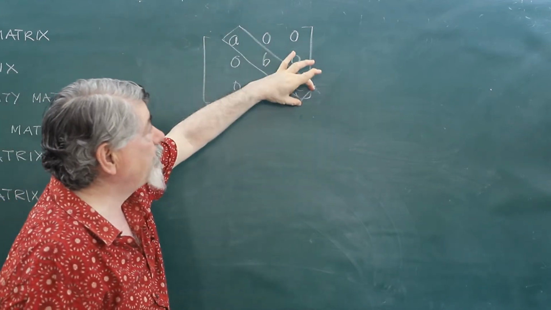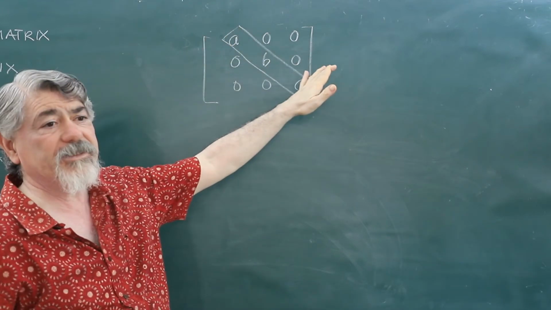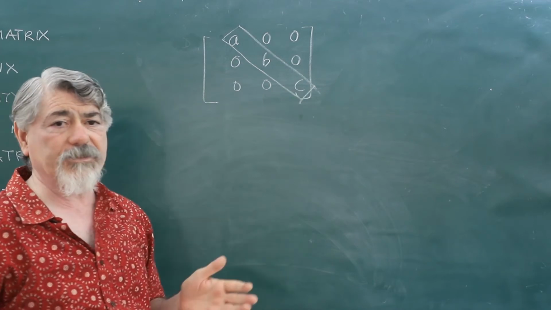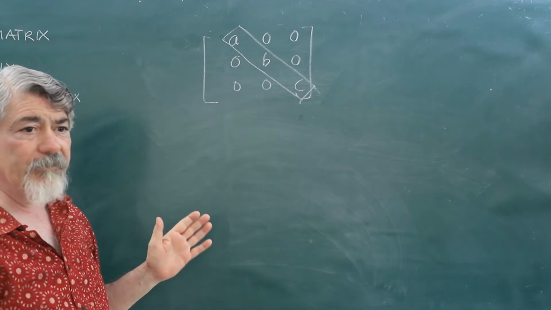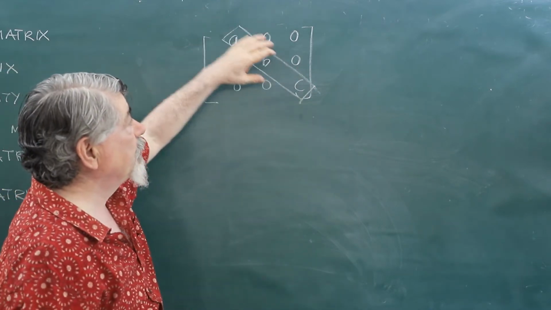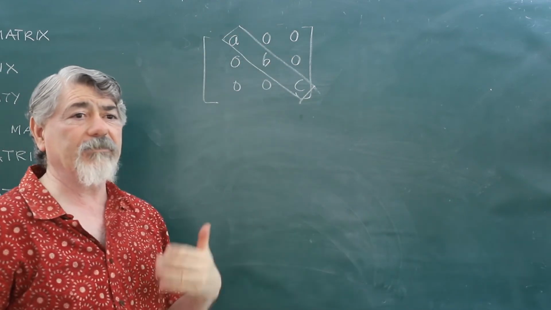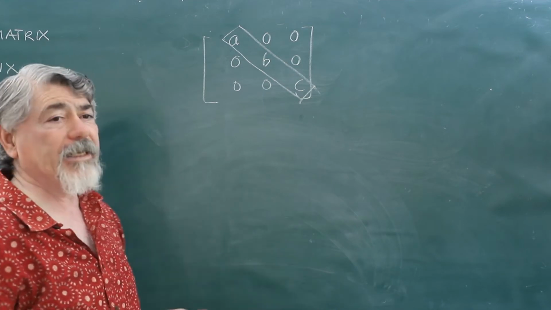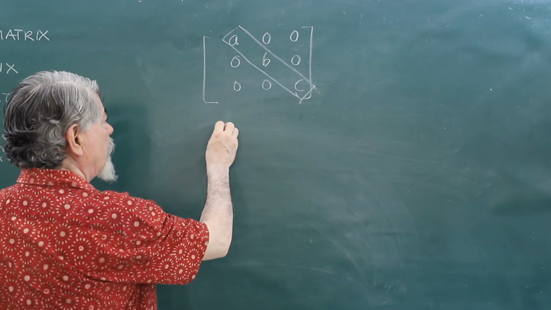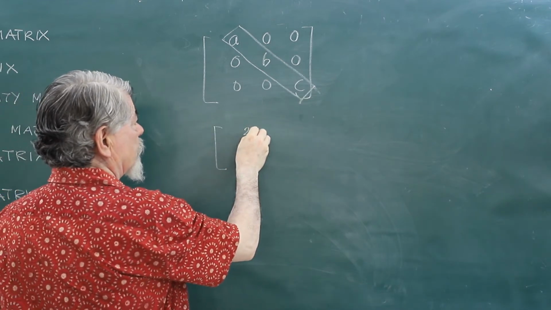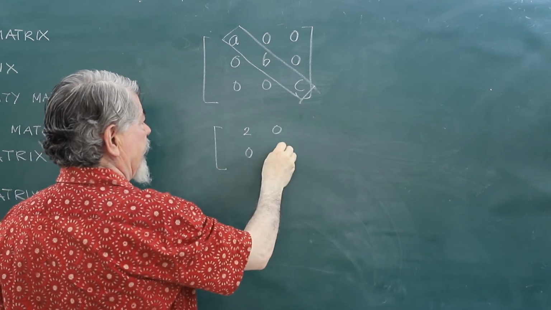Only the diagonal elements are non-zero, the rest of the elements are zero. In the diagonal matrix, the lead diagonal will be non-zero, the remaining elements will be zero, like it is here. Or, for example, 2, 0, 0, 5.